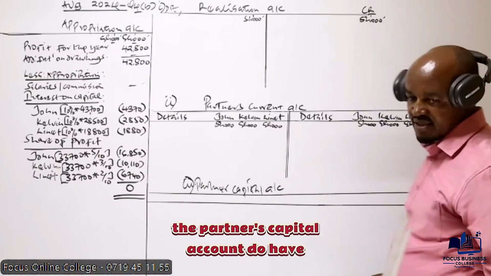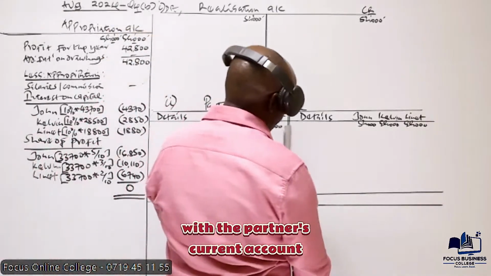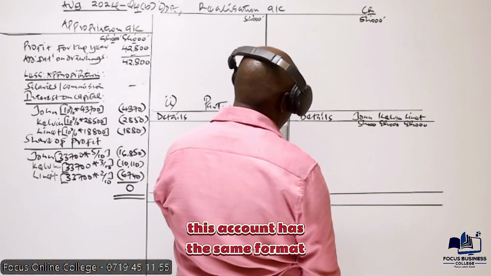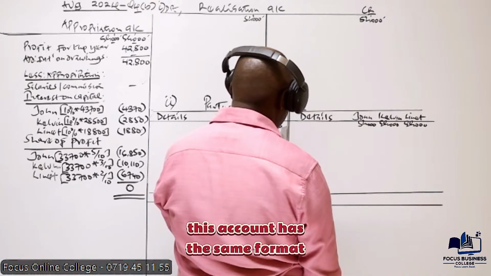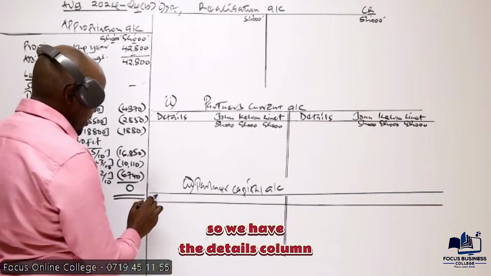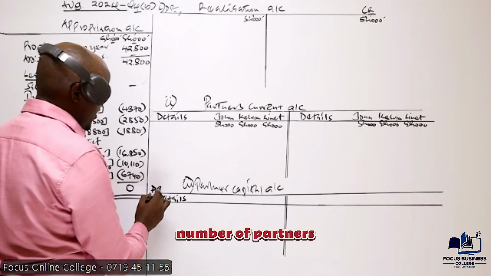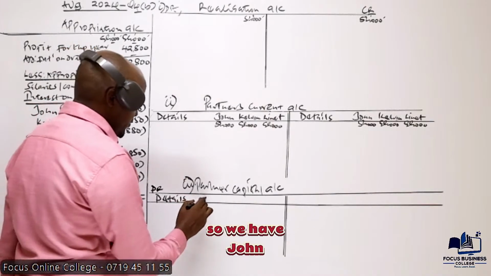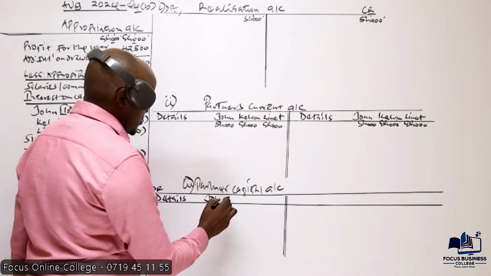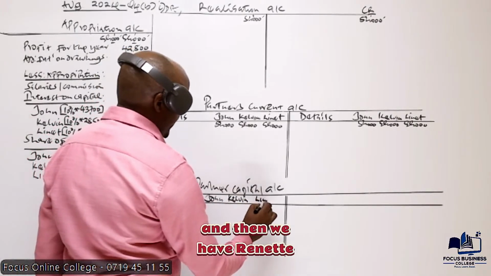The partners capital account has the same format as the partners current account: the details column and columns equal to the number of partners. So we have John, Kelvin, and then Lynette.